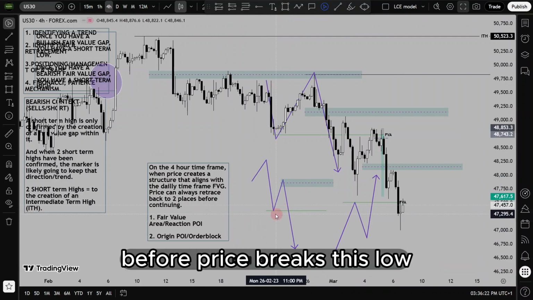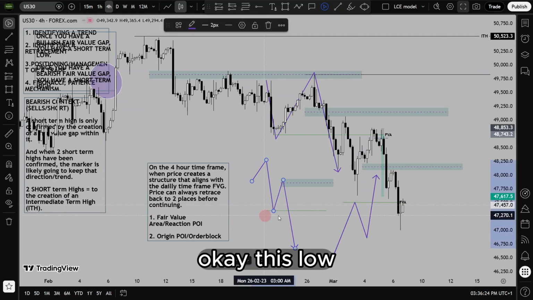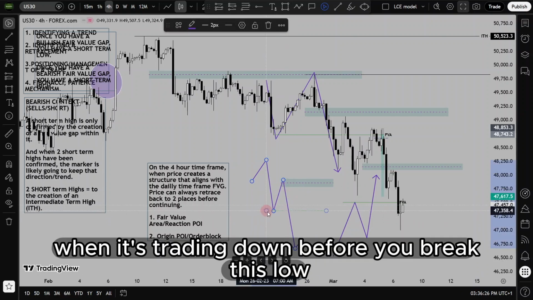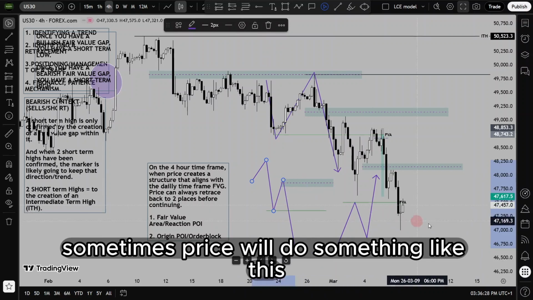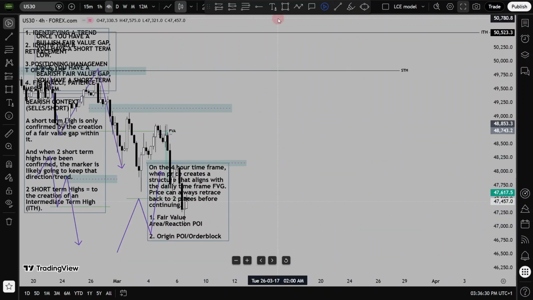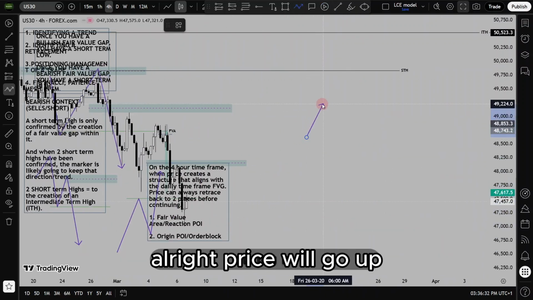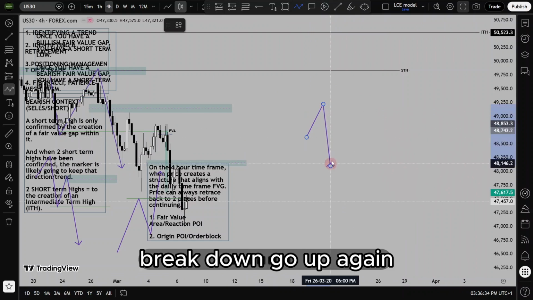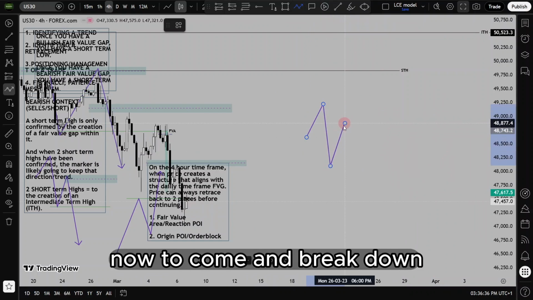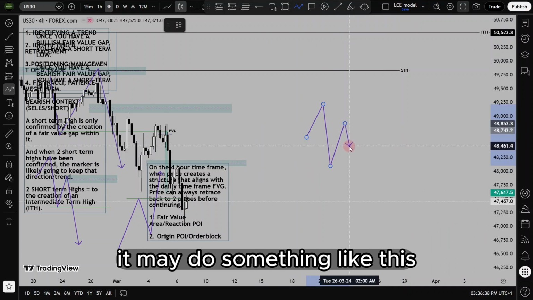Before price breaks this low, when it's trading down, sometimes price will do something like this. Price will go up, break down, go up again. Now to come and break down, it may do something like this.